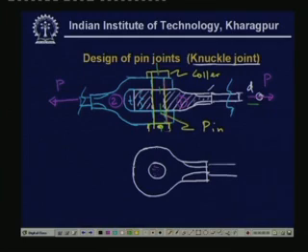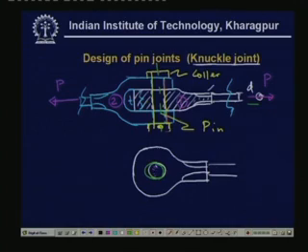Although it does not fail completely, there may be elongation here. So the pin shifts here by damaging this surface. So that has to be checked, because if this is damaged, then of course the material gets weakened, and there is a tendency for further propagation of different cracks and failure, ultimately leading to the failure of the entire joint.